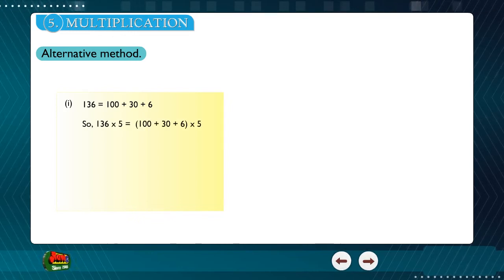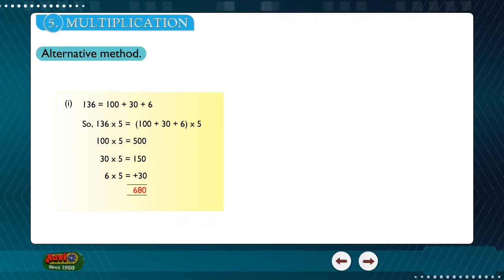So, 136 into 5 is equal to 100 plus 30 plus 6, into 5. 100 into 5 is equal to 500. 30 into 5 is equal to 150. 6 into 5 is equal to 30. 500 plus 150 plus 30 is equal to 680.